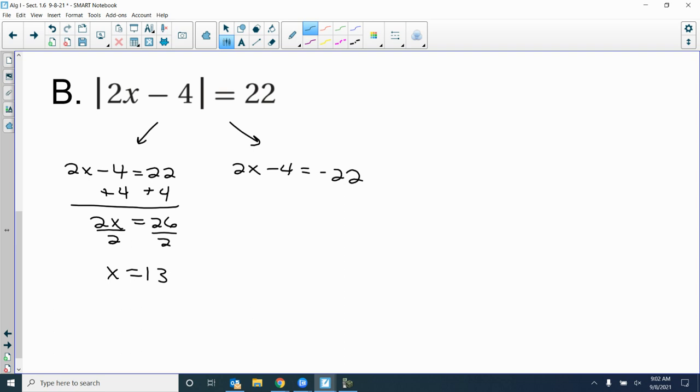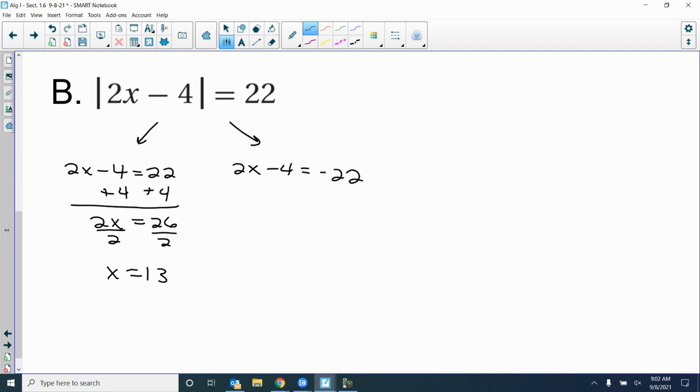Zach? Because if you plug in 13, 13 times 2 is 26, and then 26 minus 4 is 22. Yep, so 26 minus 4 gives me 22. The absolute value of that is 22. So boom, got it right.